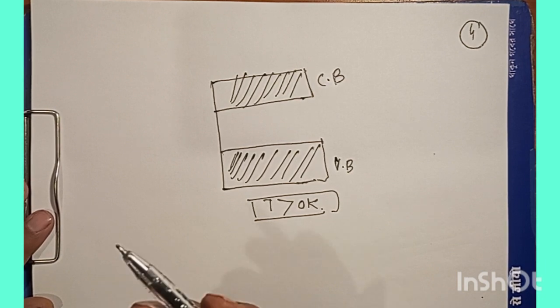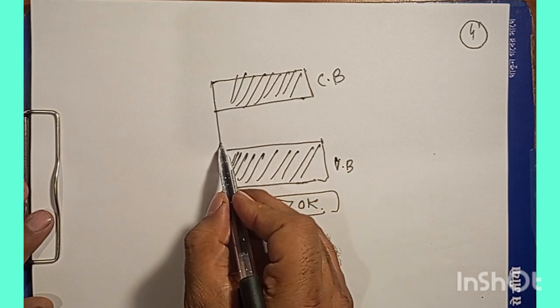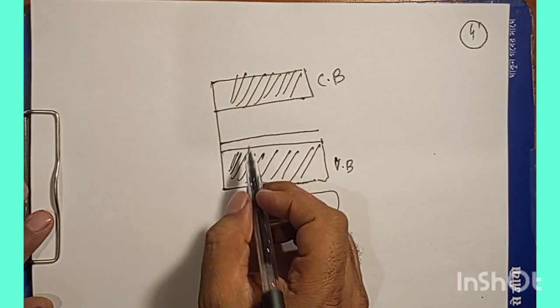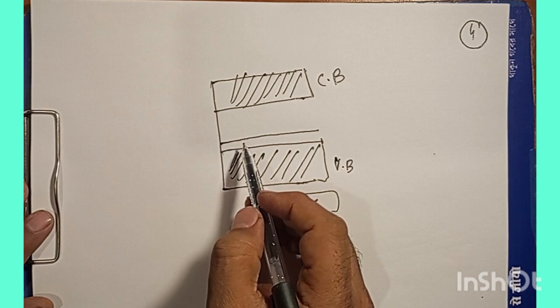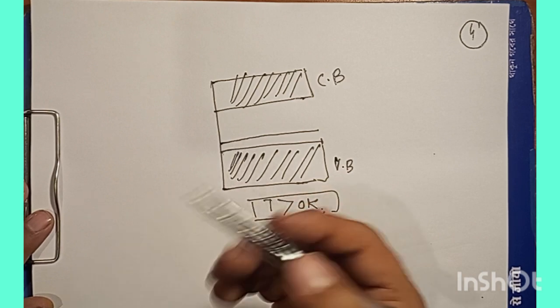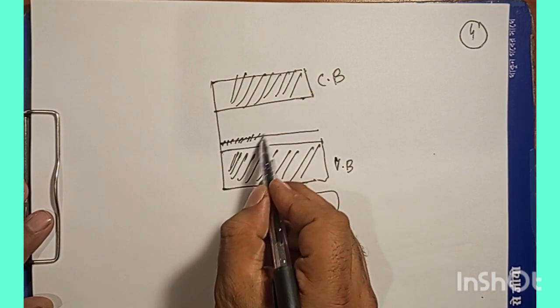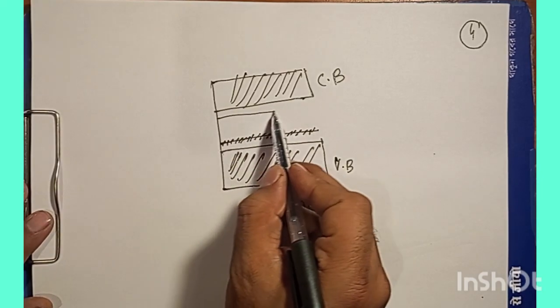So the impurity atoms that we have added are going to generate an energy level, and in the case of an n-type semiconductor, it has to be close to the conduction band.